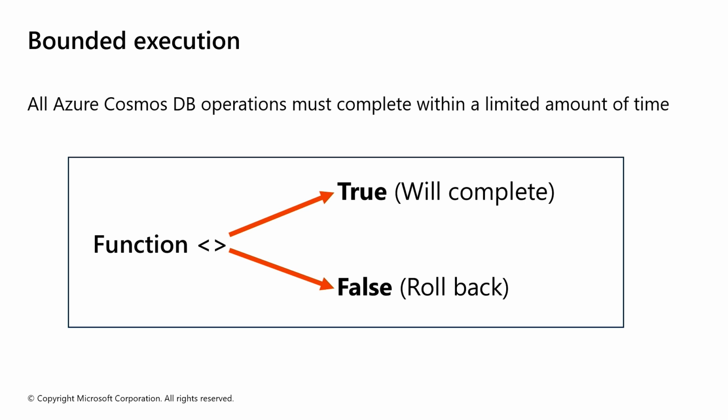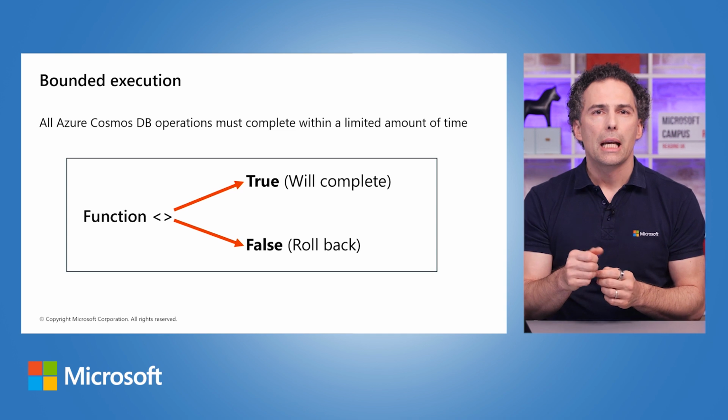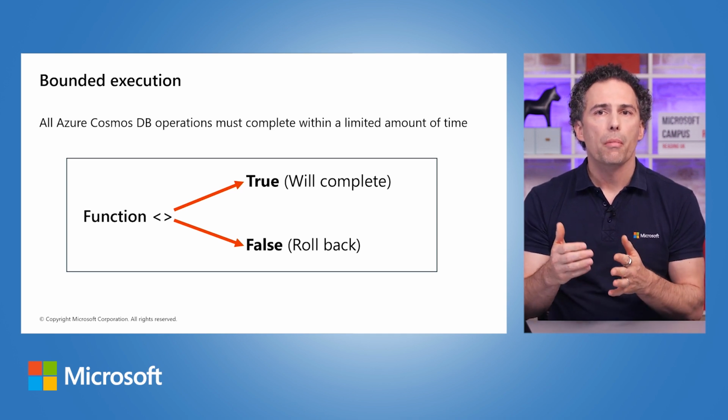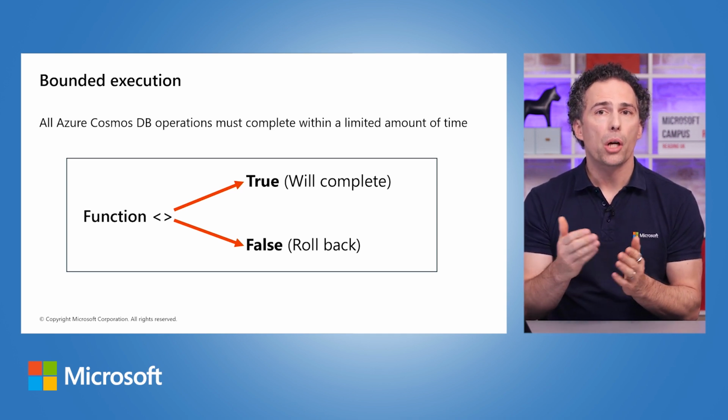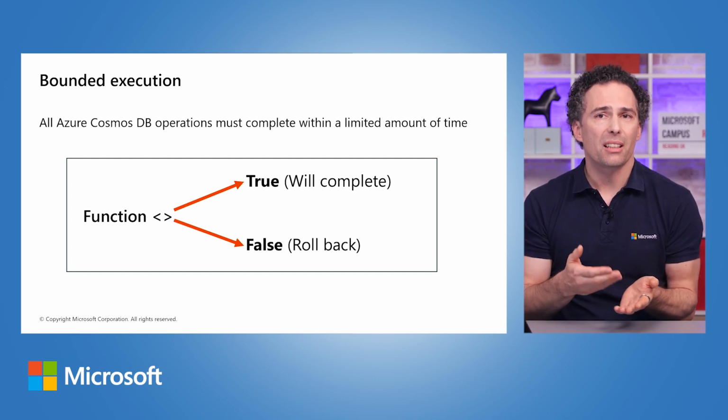To make it easier to develop stored procedures and triggers that handle time limits, all functions under the Azure Cosmos DB container, for example create, read, update, and delete, return a Boolean value that shows whether that operation will complete. If this value is false, it means that the procedure should end execution because the script is using more time or provisioned throughput than the set value.